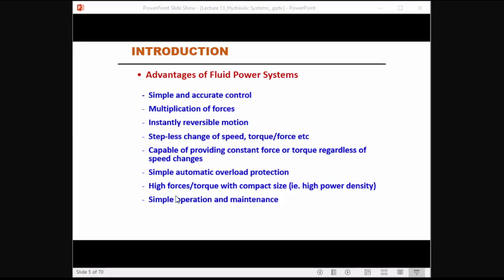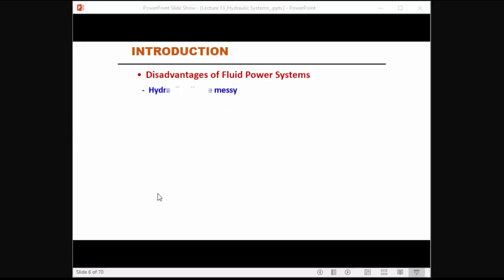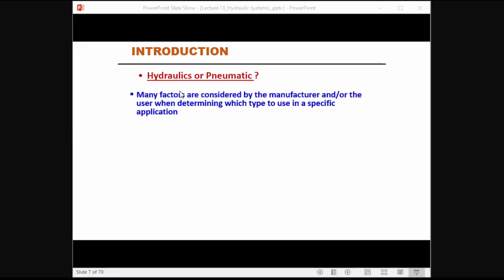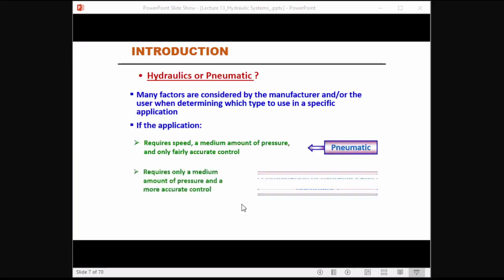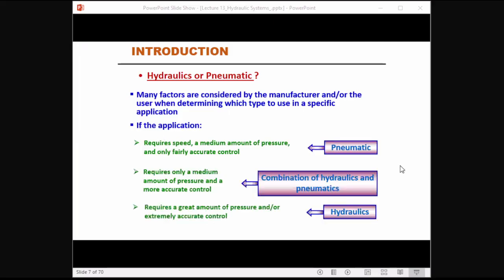Okay, and we also discuss disadvantages, and the difference between hydraulic and pneumatic systems. Okay, similarities and these things. And here we discuss pneumatic, a combination of hydraulic and pneumatic, and also the hydraulic systems.